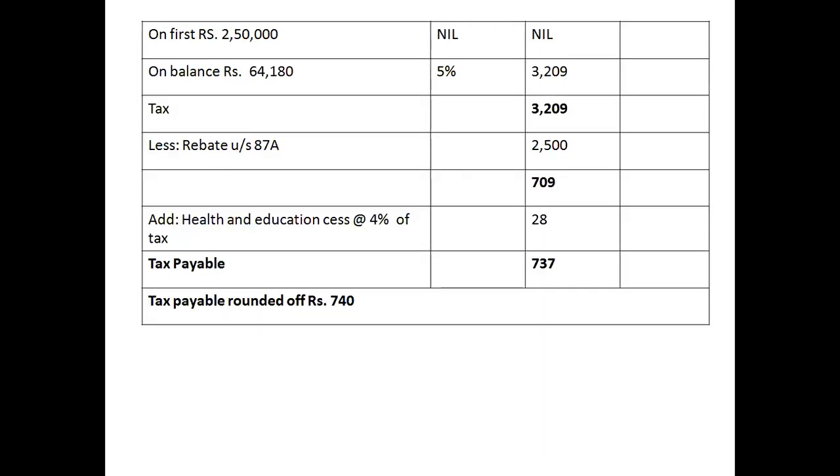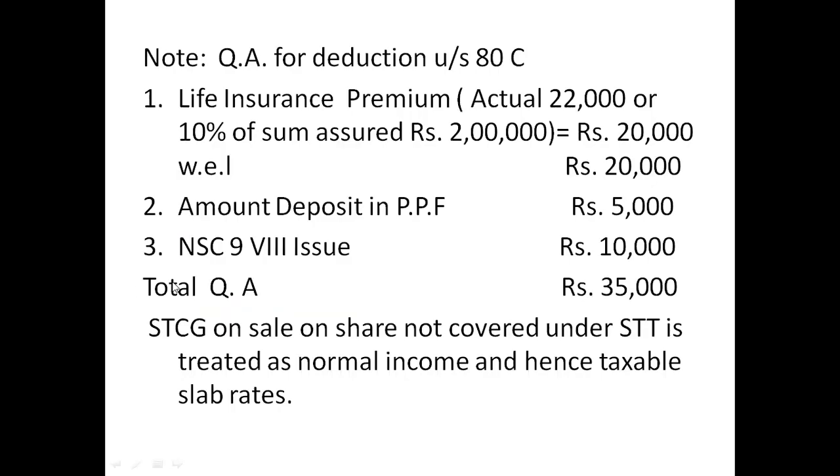When you treat it as normal income, you are not applying the special percentage. Hence the taxable slab rate will be applicable even for a short-term capital gain. So that is why I've given a note here: short-term capital gain on sale of shares not covered under STT is treated as normal income. Hence, the taxable slab rate will be applied for your short-term capital gain in this problem.